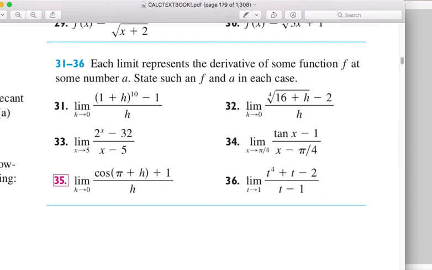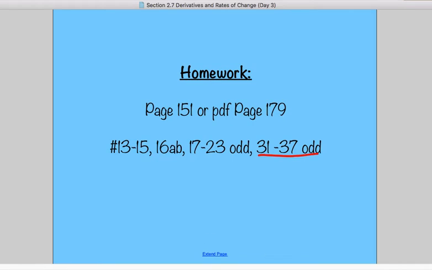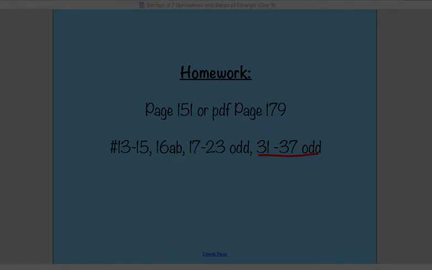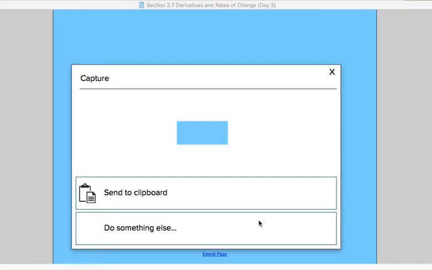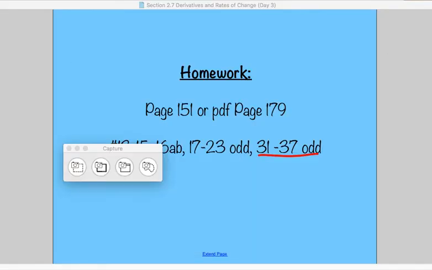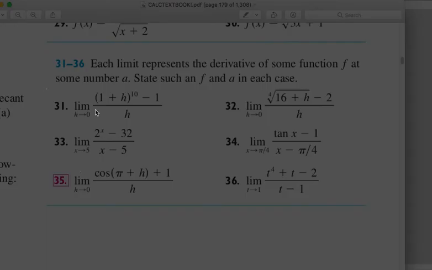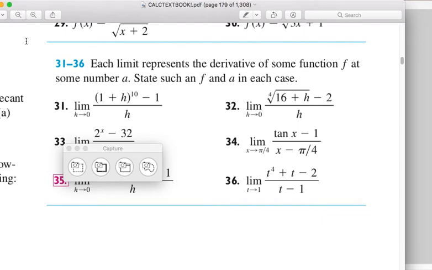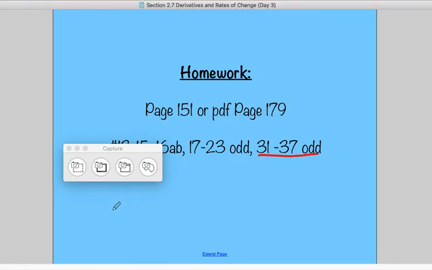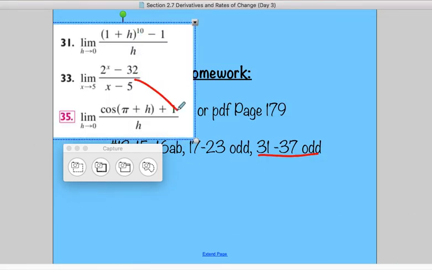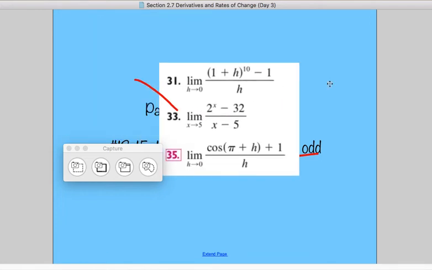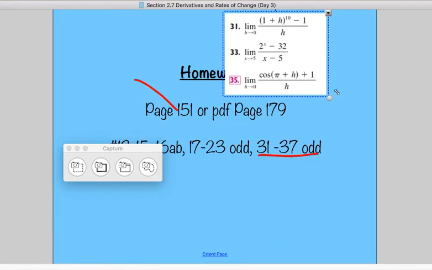Okay, so we have to go back to our limit equations and use those to help us out. All right, so there's 31, 33, and 35.